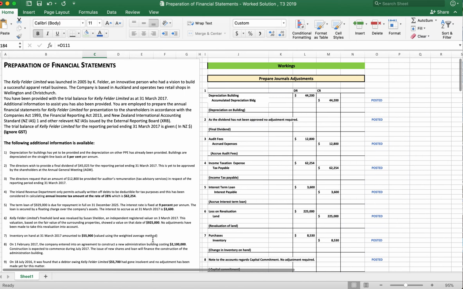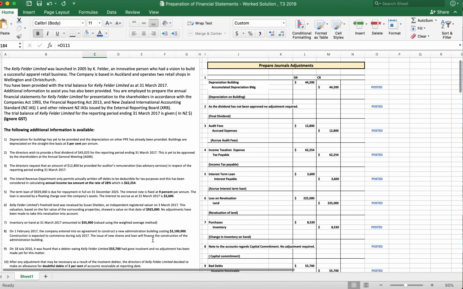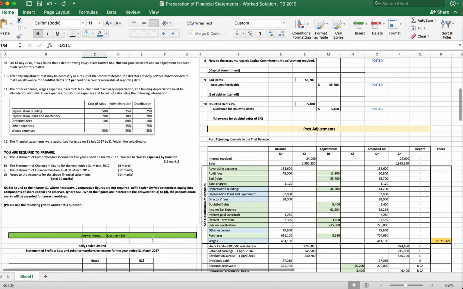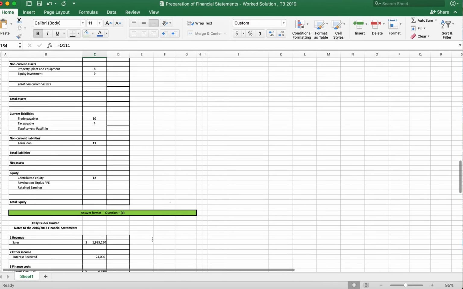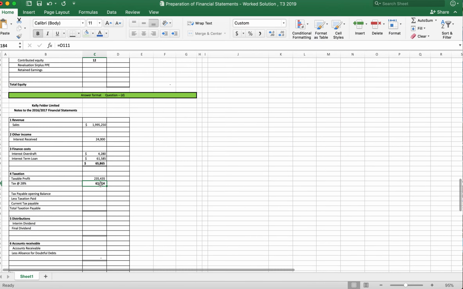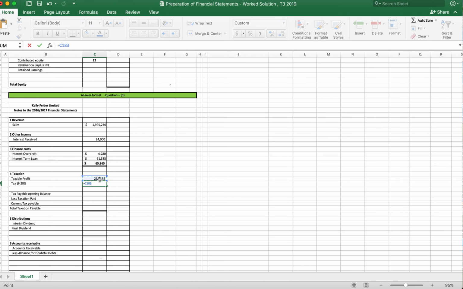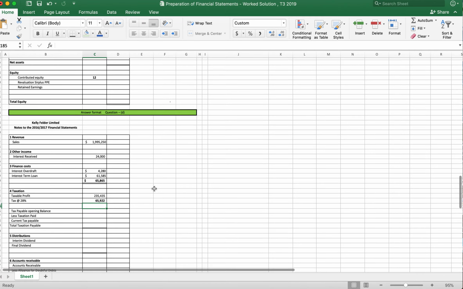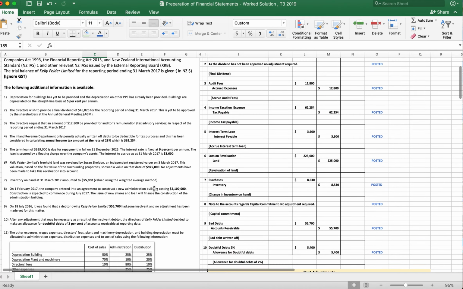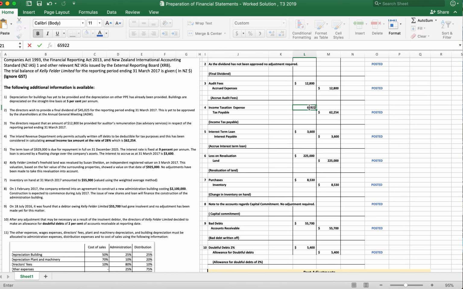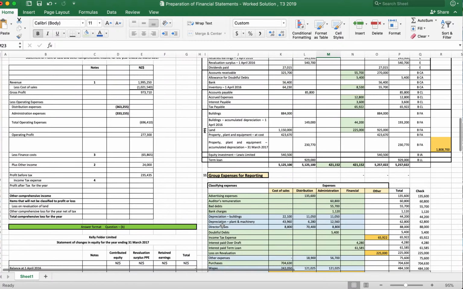Or I could actually fix the model answer. I could fix the model answer to be perfect. Okay, 65922. This should ripple through anyway if I get it right. That should ripple through to everything anyway.